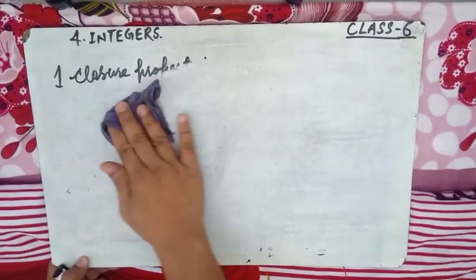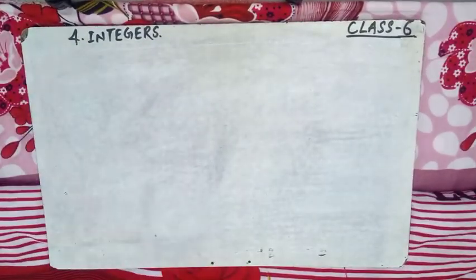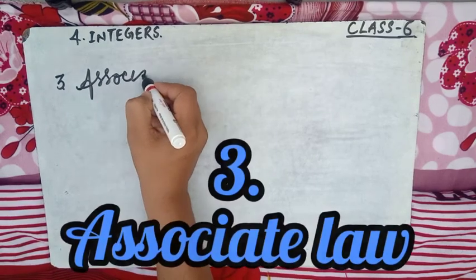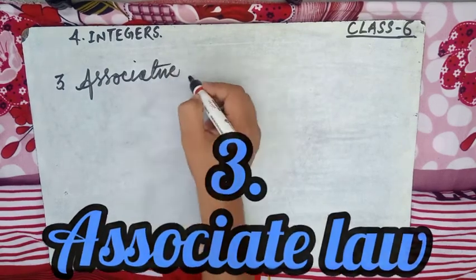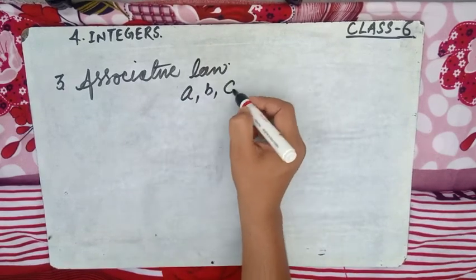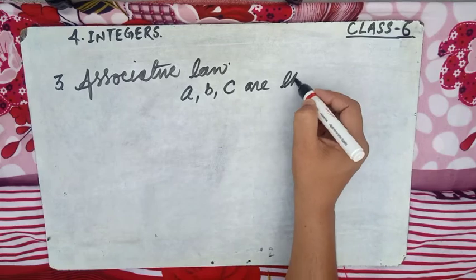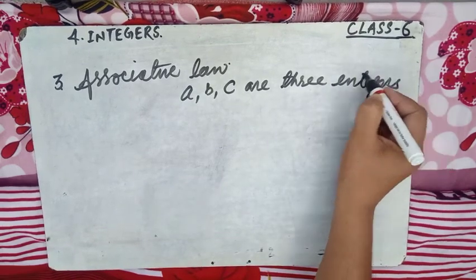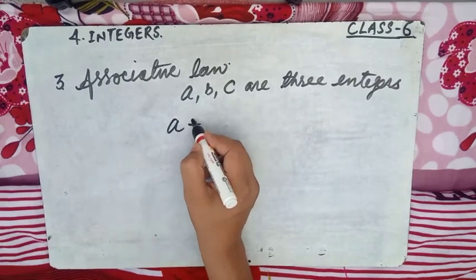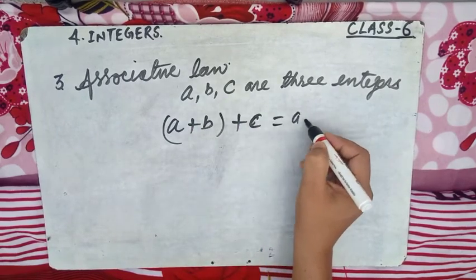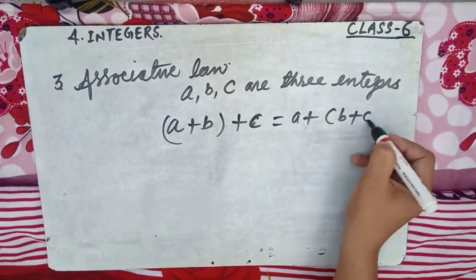Okay, now next point, the associative law of integers. The third point is the associative law. Suppose a, b, c are three integers. Then a plus b in brackets, plus c, is equal to a plus, b plus c in brackets.